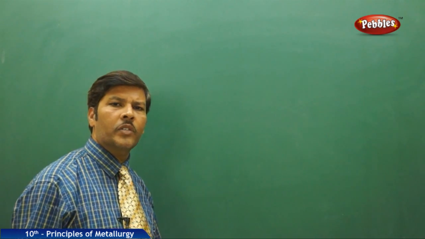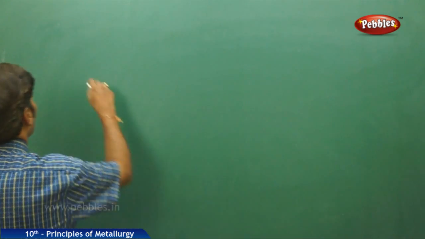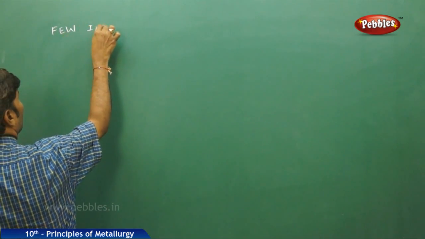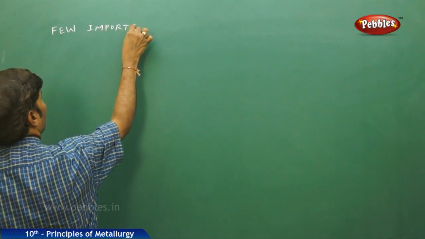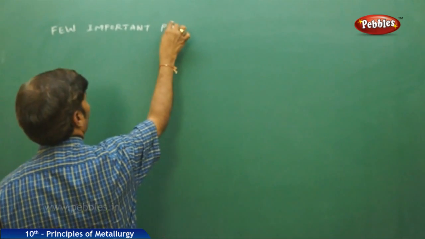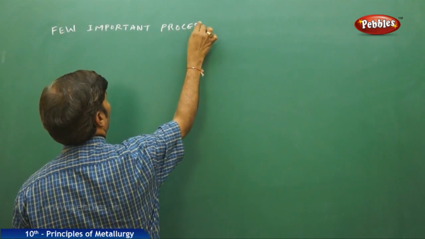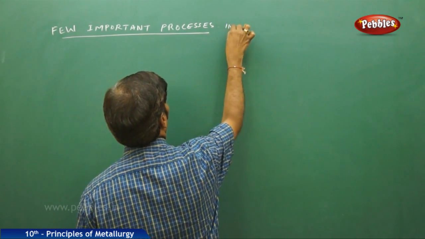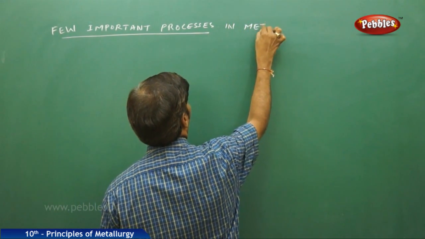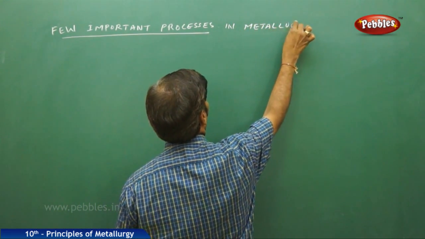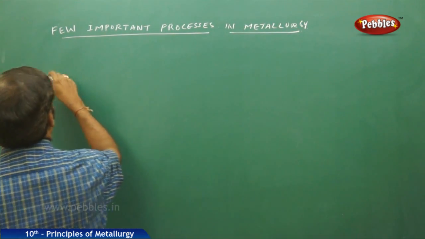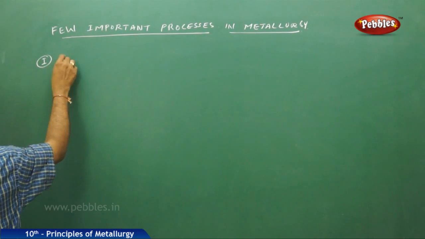Okay, the next part of the discussion in metallurgy is a few important processes in metallurgy. First one is smelting.